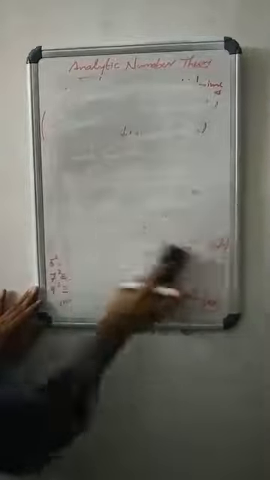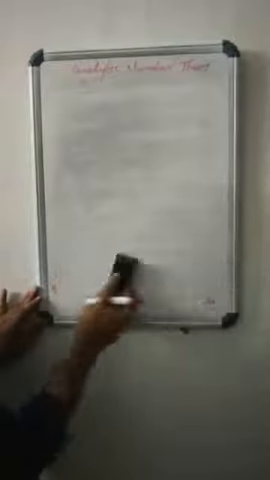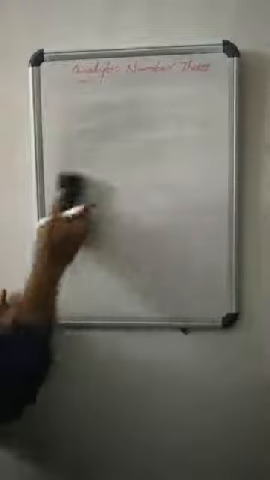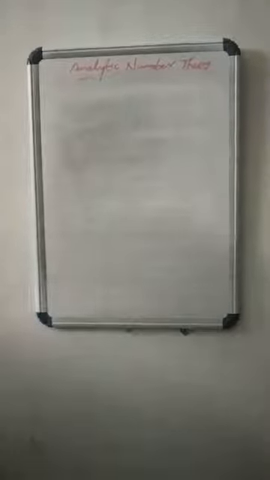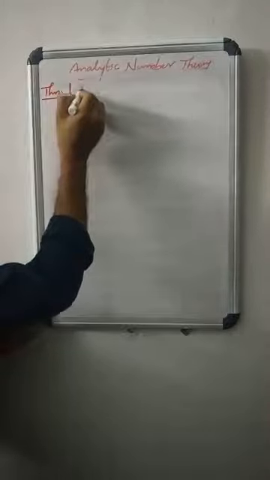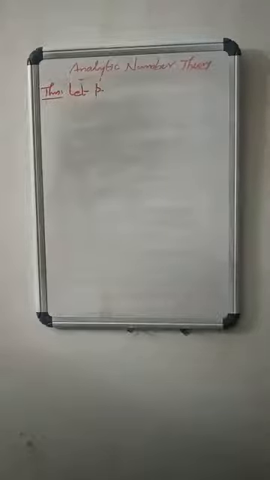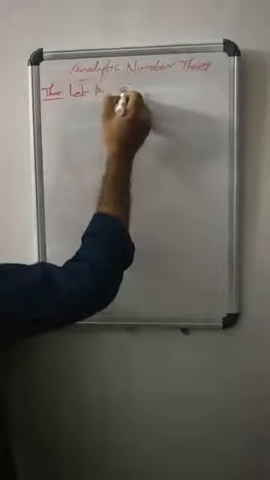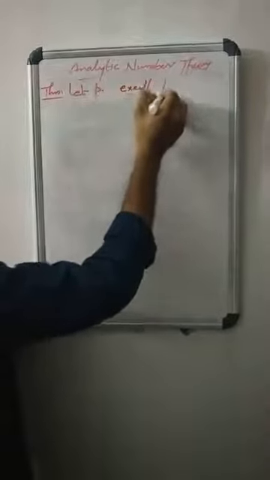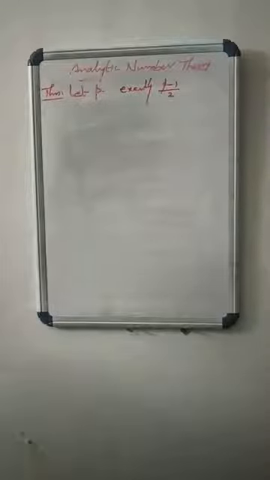Now, consider the theorem. The theorem says: let p be an odd prime. Then every reduced residue system mod p contains exactly (p minus 1) by 2 quadratic residues and (p minus 1) by 2 quadratic non-residues mod p.